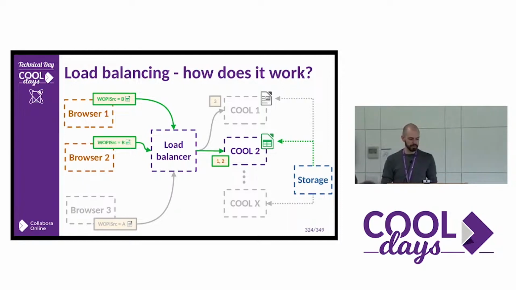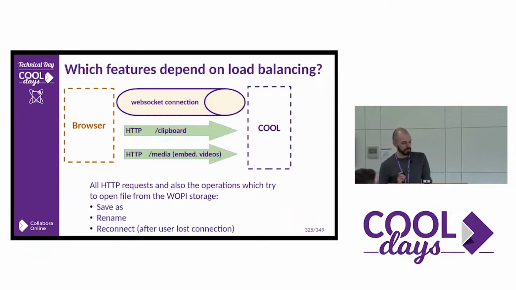This is not a topic for this talk. It will probably be shown by Rush tomorrow. So in this case, we use the WOPI source parameter, and it's attached to all the requests.